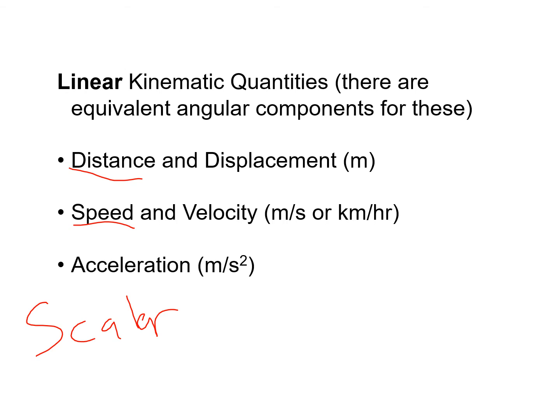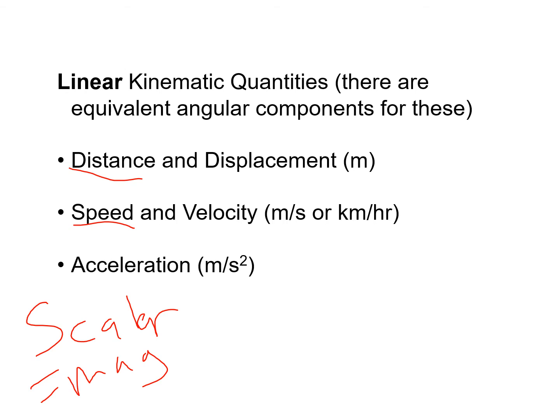Scalar quantities only have a magnitude. So distance is only measured in meters. Speed is only measured in meters per second, miles per hour, whatever units you want. We use metric for this class, so we're just using meters.